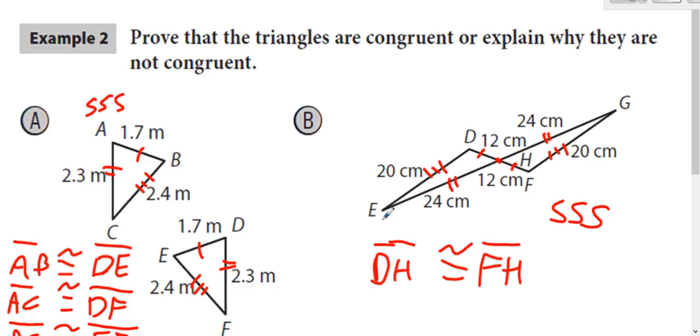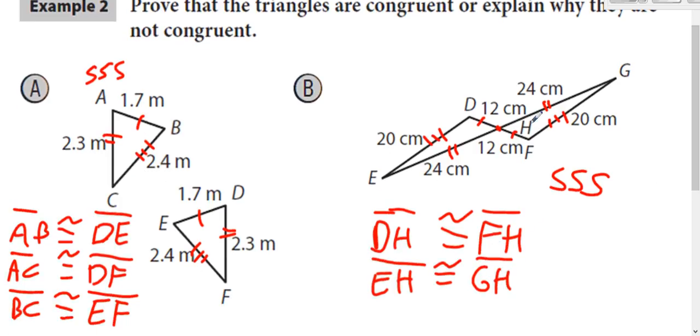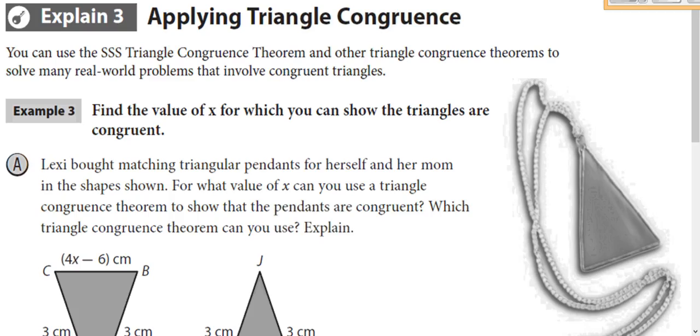GH is congruent to EH. And ED is congruent to GF. So the three sides are congruent, so that is side, side, side. So you can use side, side, side.